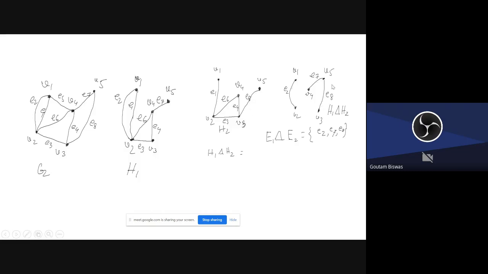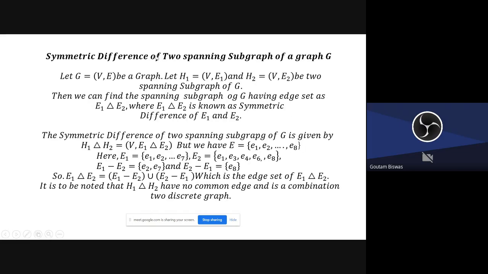So these two are discrete graphs, but this as a whole is H1 delta H2. What is the name of this? Symmetric difference. So this is nothing but the symmetric difference of H1 and H2.